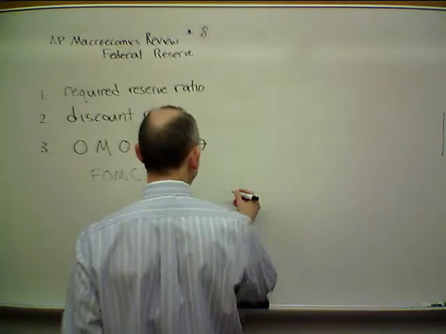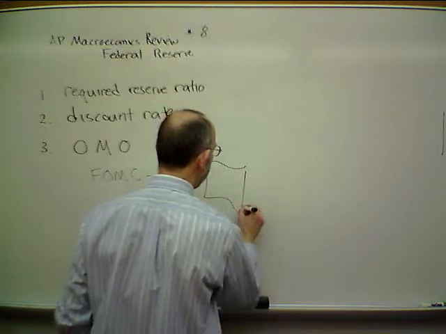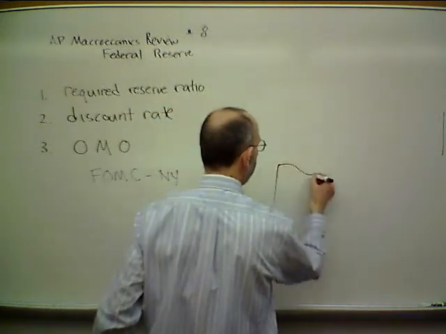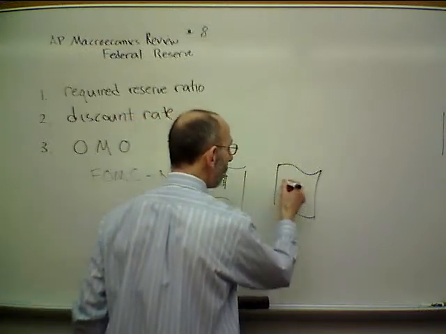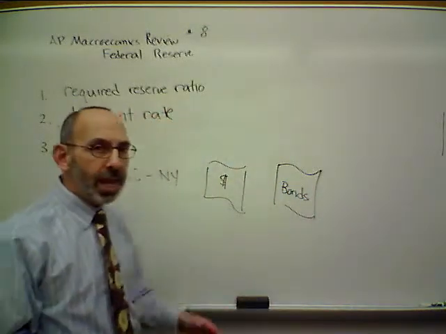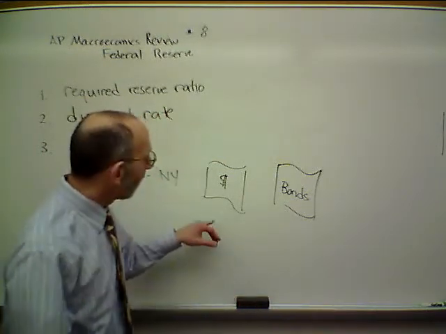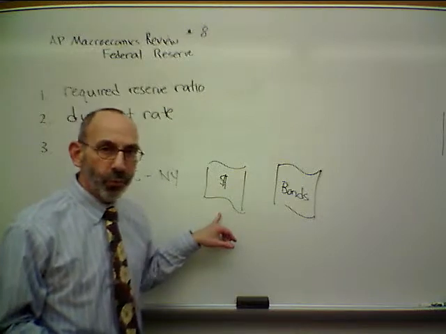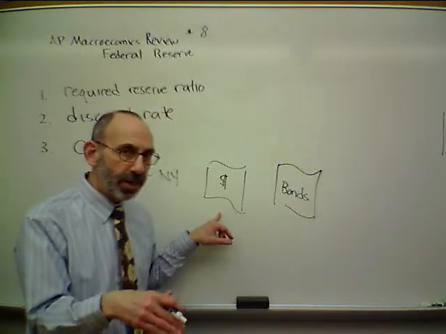I always urge you to remember that we've got these two things here. And they're both paper. This one we call dollars, and this we call bonds. If at the end of the day, the Federal Reserve wishes to increase the money on deposit in banks, they want the money supply to go up.